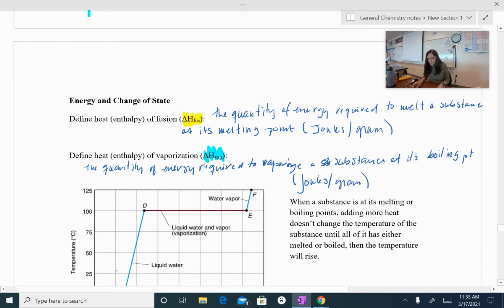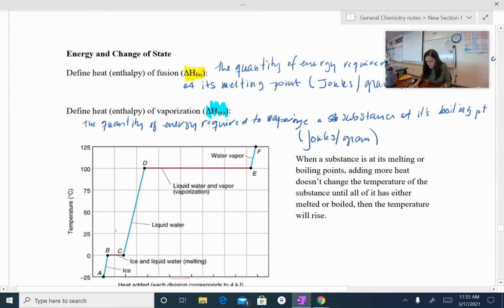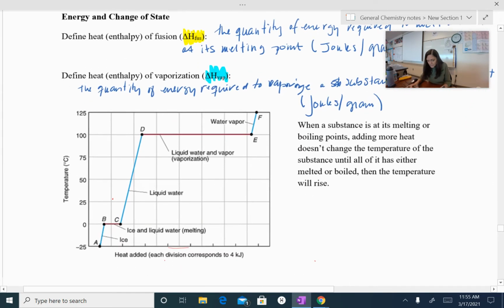Okay, so let's look at this chart really quick. In this chart, we are taking liquid water from negative 25 degrees all the way up to 25 degrees. At negative 25 degrees, and we're in Celsius by the way, that water is ice, right?